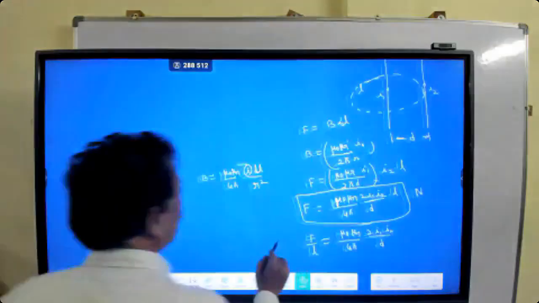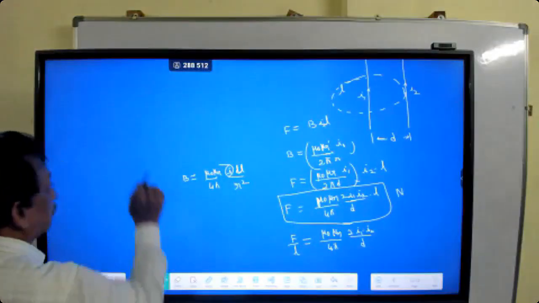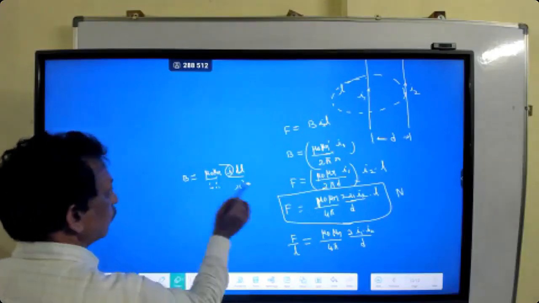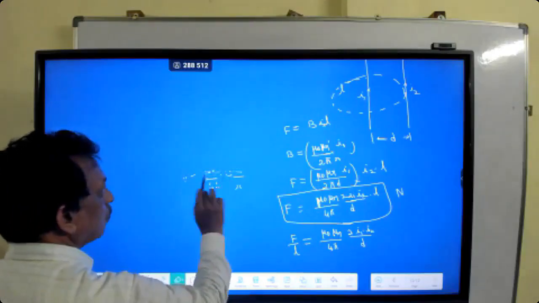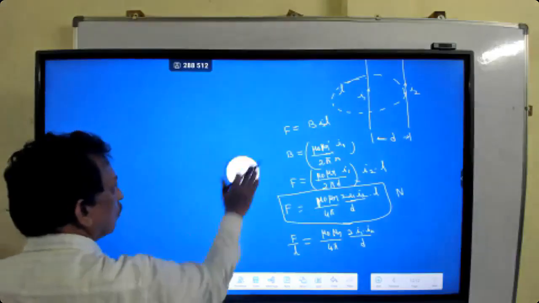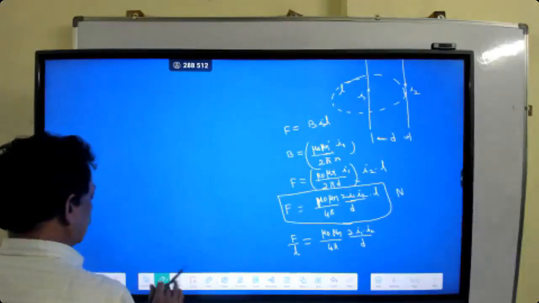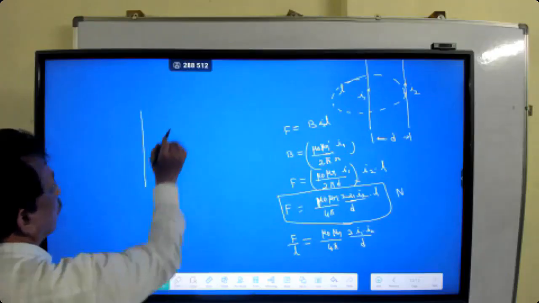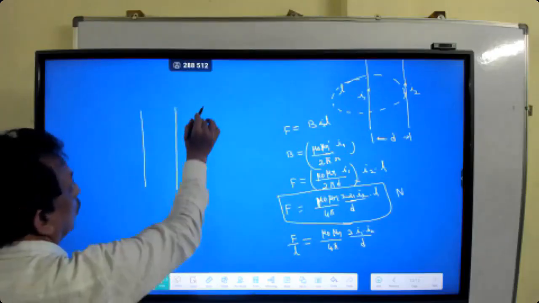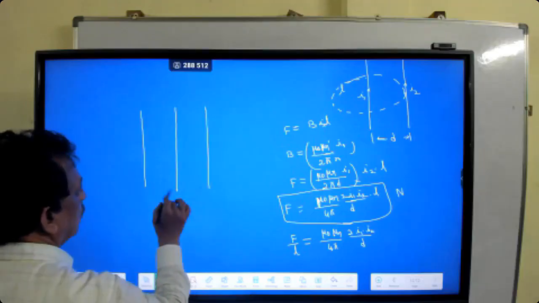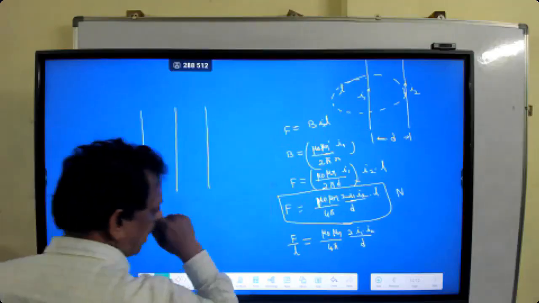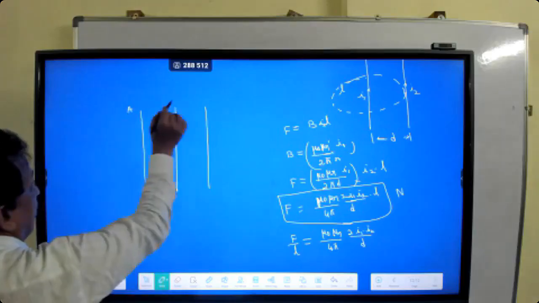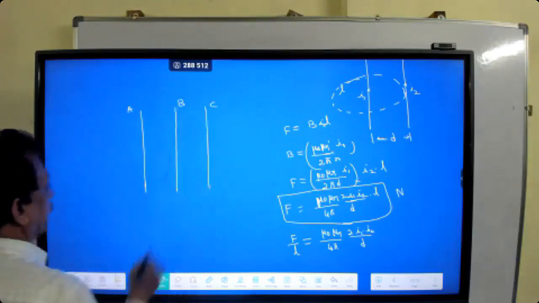Now I want to take parallel current carrying conductors. Here I can name them A, B, C, the parallel current carrying conductors.